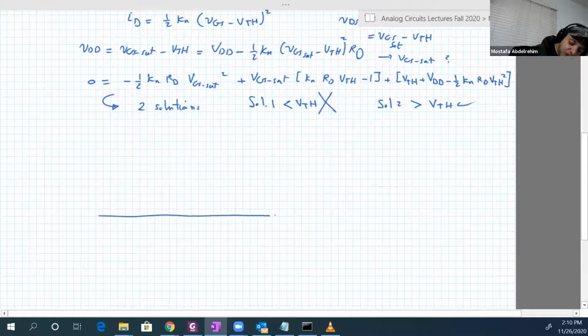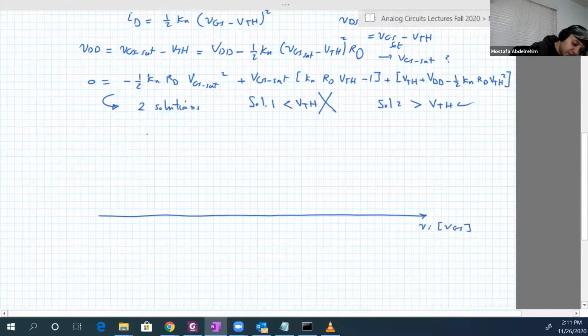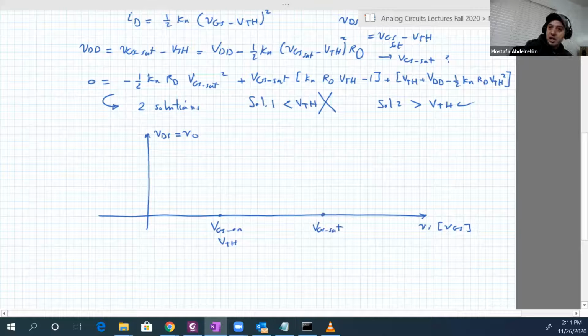Basically, what we will get is the relation between VGS, or V input, and V output, which is VDS, and it is something like this. We have two transition points. We have VGS on, which is V threshold, and we have VGS set, which you can calculate from this very big equation.